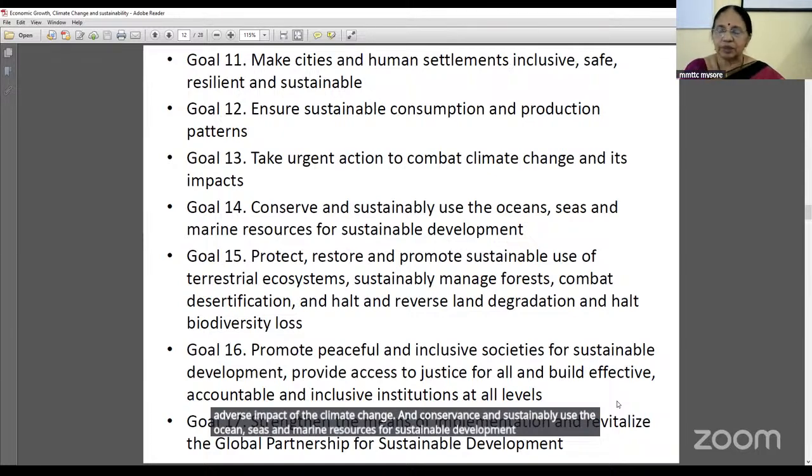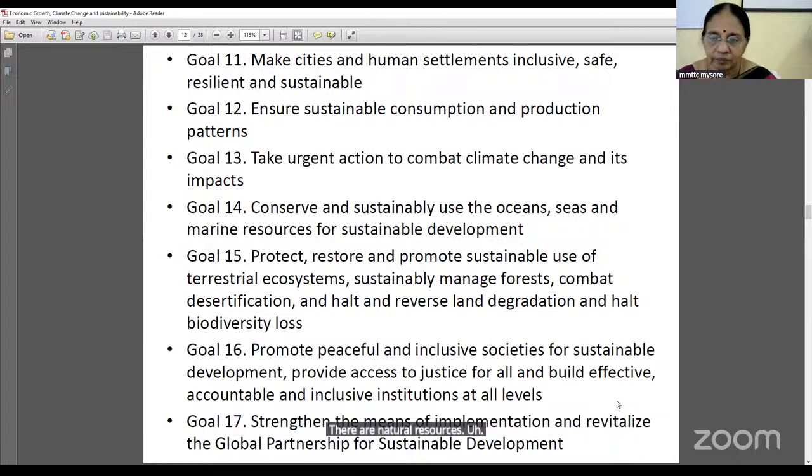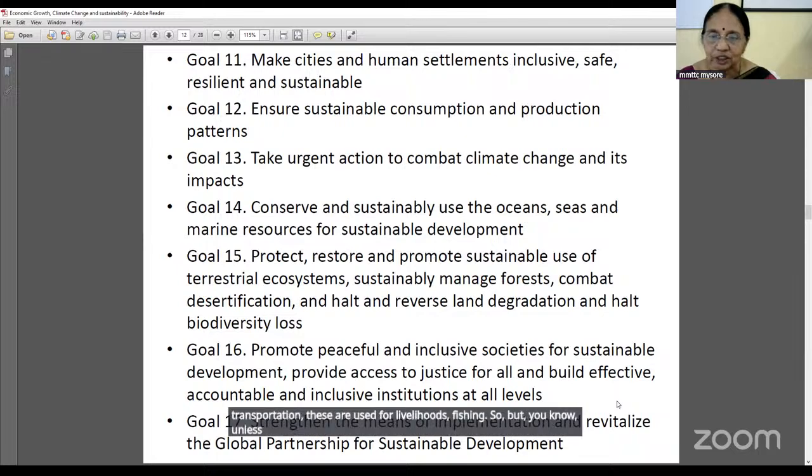See, oceans and marine resources are natural resources. These are used for transportation, and for livelihoods, fishing. But unless they are sustainably used, it will have an impact on development.